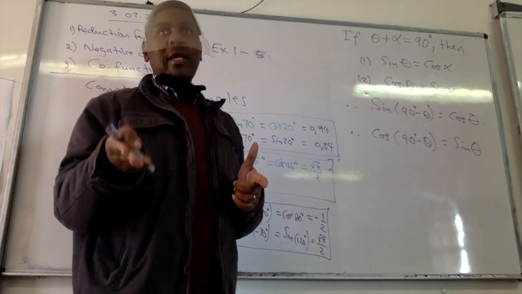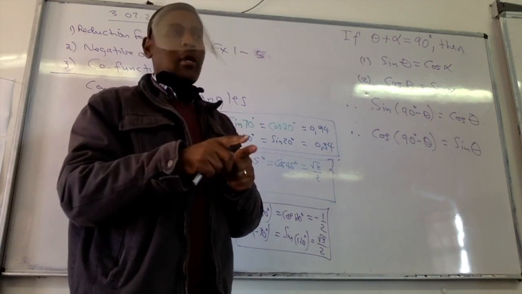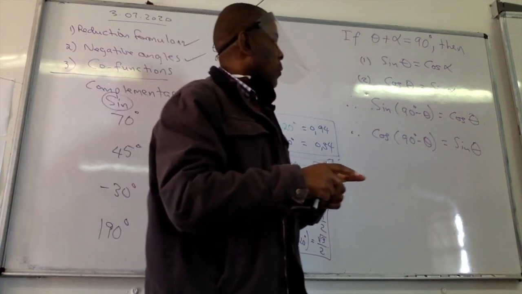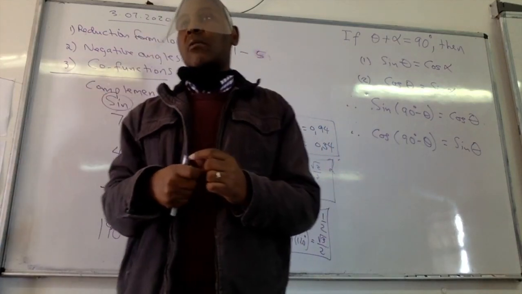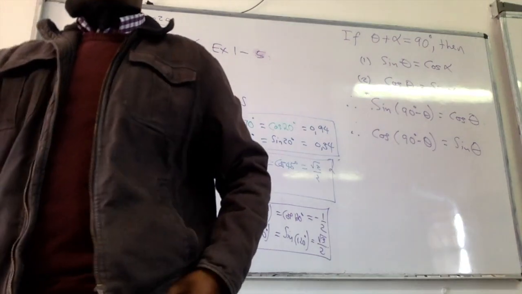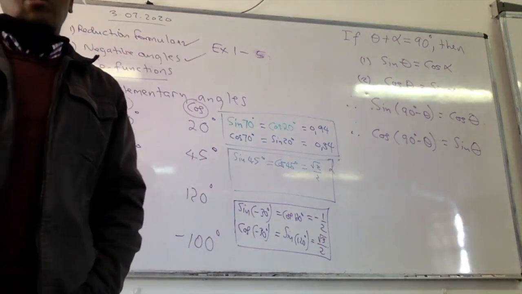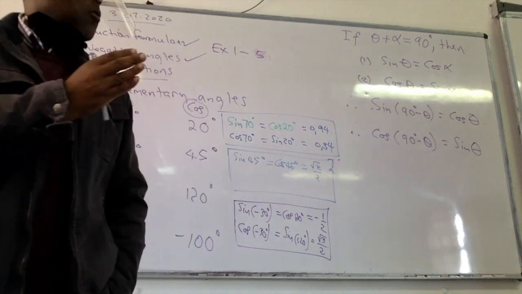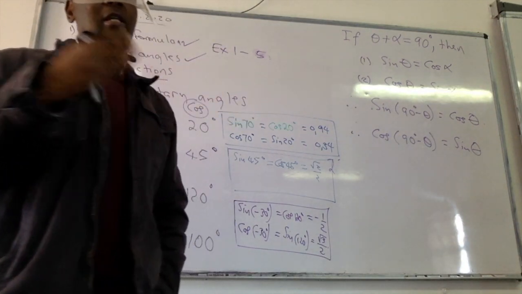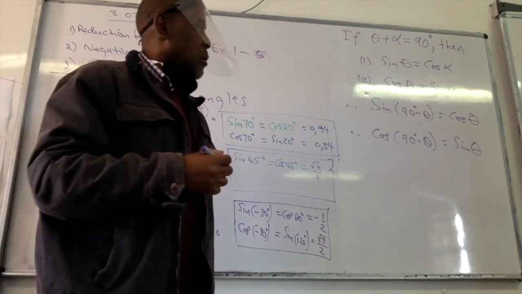Sine, cosine. They work together, which is why there is a relationship between these two. You will actually discover that the cosine graph is just a phase shift of the sine graph. You can shift the sine graph in order to obtain the cosine graph, or you can shift the cosine graph in such a way that it gives you the sine graph.